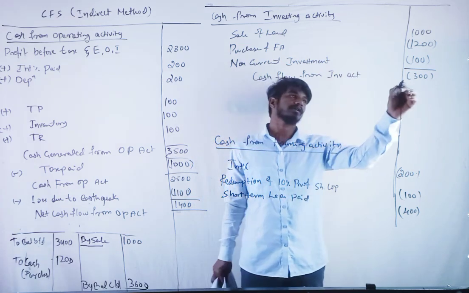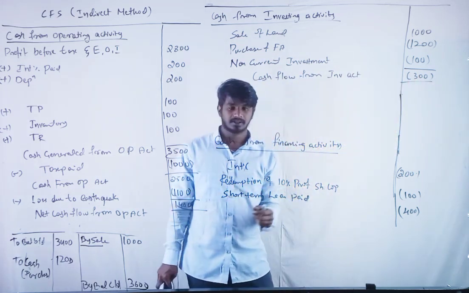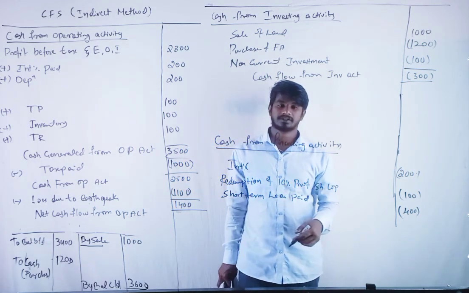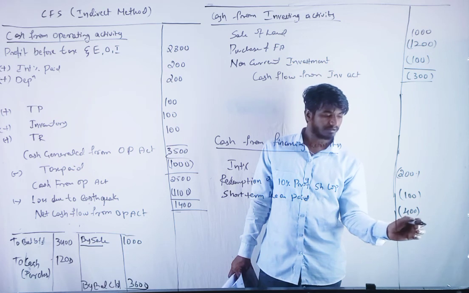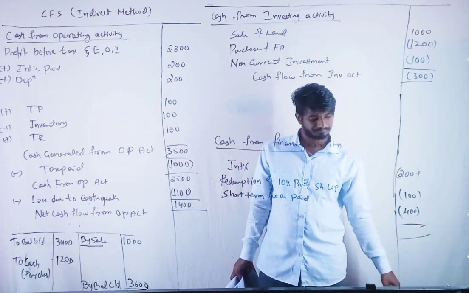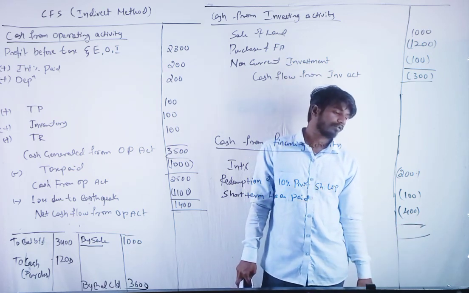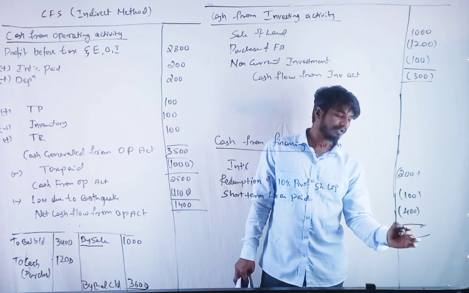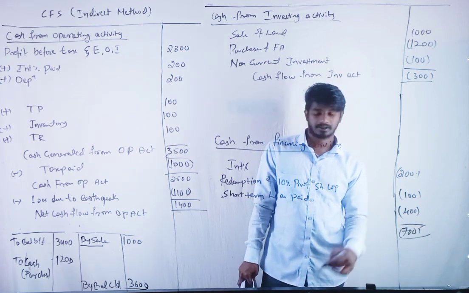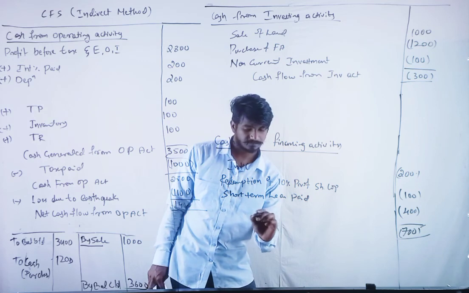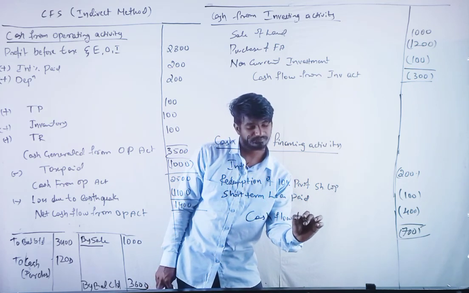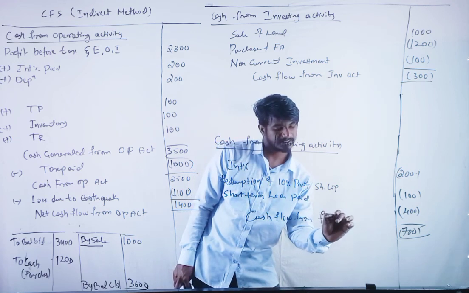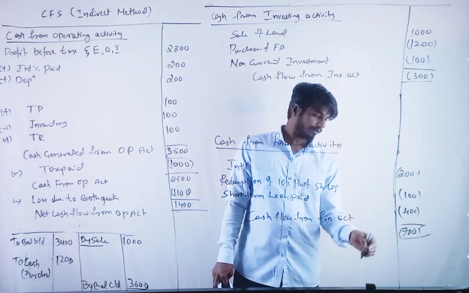Next we have financing activity, right? 700 in the negative. This is cash flow from financing activity.